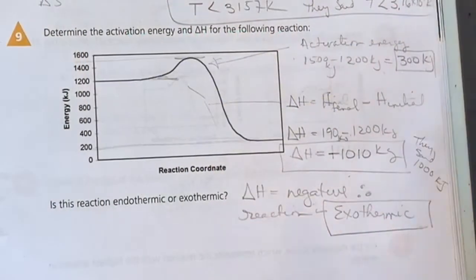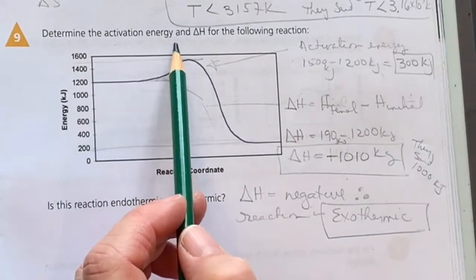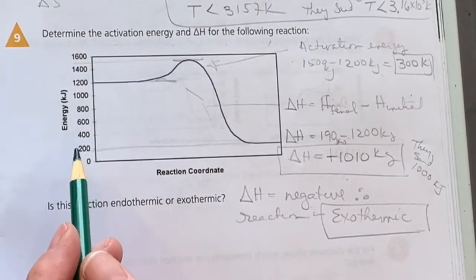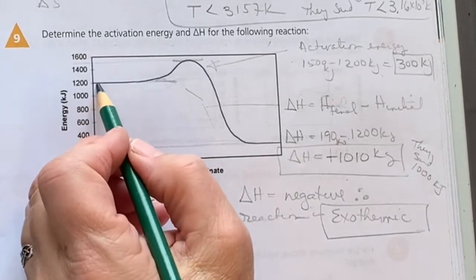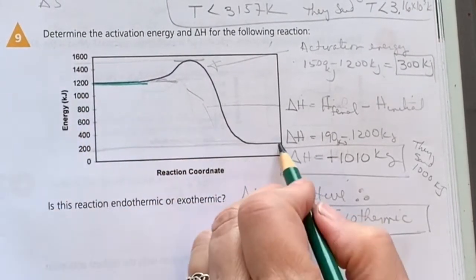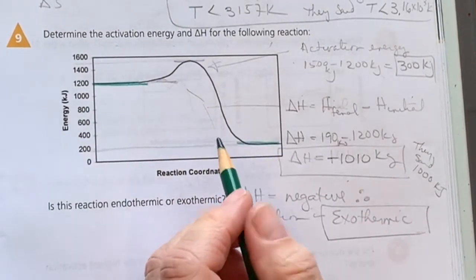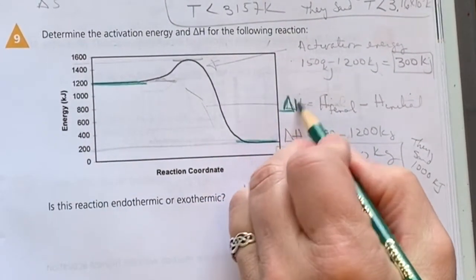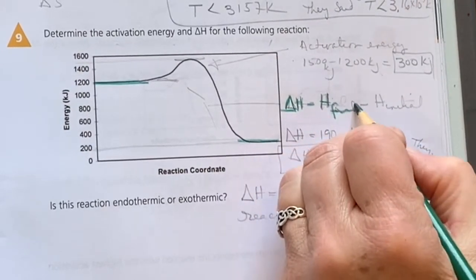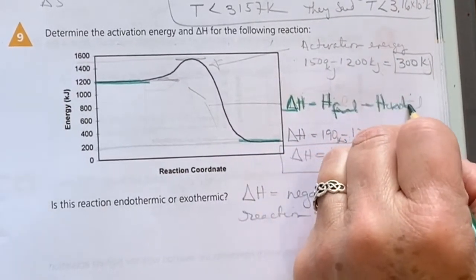Okay, for number 9, determine the activation energy and delta H for the following reaction. So we know that we've got where the reaction starts and where it ends. We also know that delta H is H final minus H initial, right?